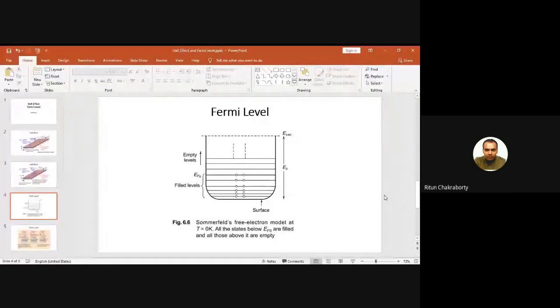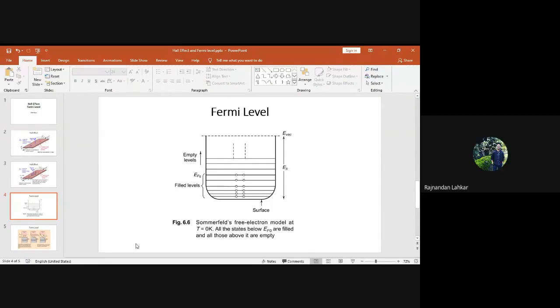Does the Fermi level change with temperature? If you increase the temperature, then some electrons will jump over the Fermi level and occupy some higher energy states. That thing will come later.